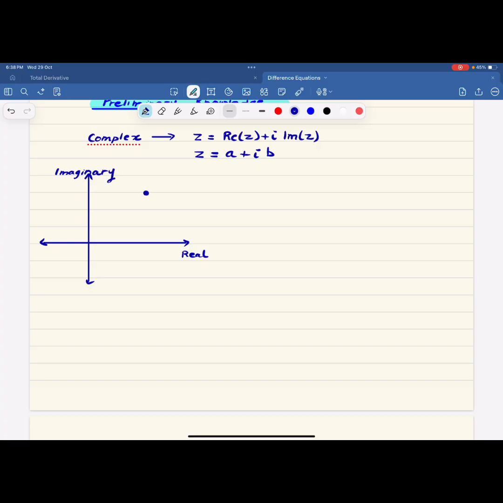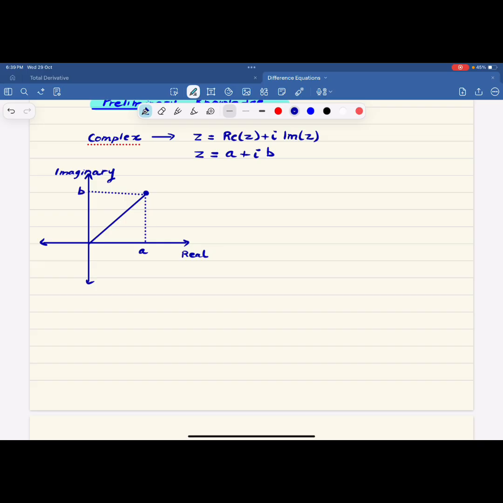We make a point here, where the real part is A and the imaginary part is B.